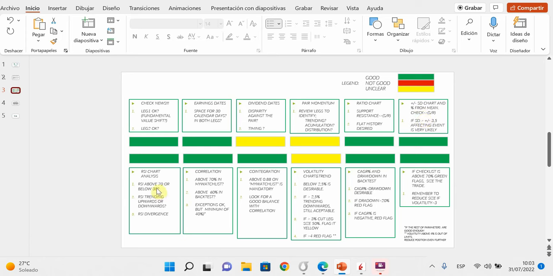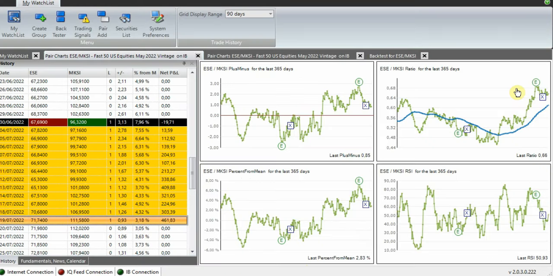The RSI chart is quite interesting because what we can observe in the ratio chart and in the RSI chart is the fact that previous to the signal, the ratio was in an uptrend situation while the RSI was going down.